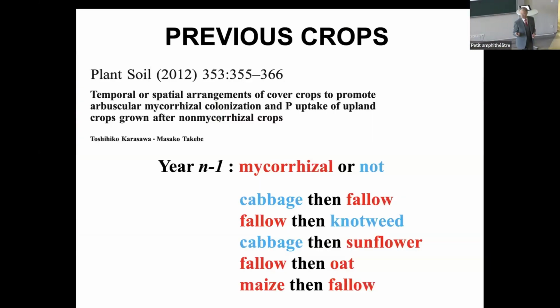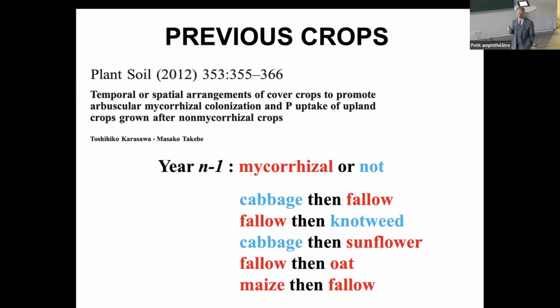And here, there are a few papers dealing with this issue, how to foster the next generation's mycorrhizae, but this paper at least is doing it. We will sow maize on fields that the year before received, so we are in southern Japan, where you can have 2 harvests per year.